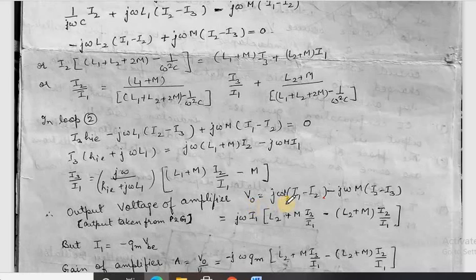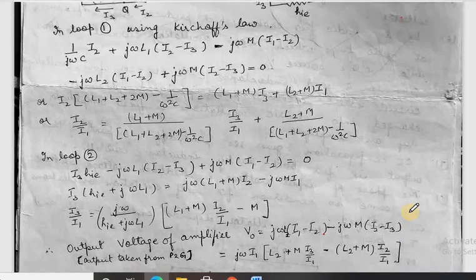It is the voltage across the inductance coil L2. So this I have written here, and again j omega I1 I have taken as common, and after rearranging I get somewhat this equation. I'll leave this equation again.